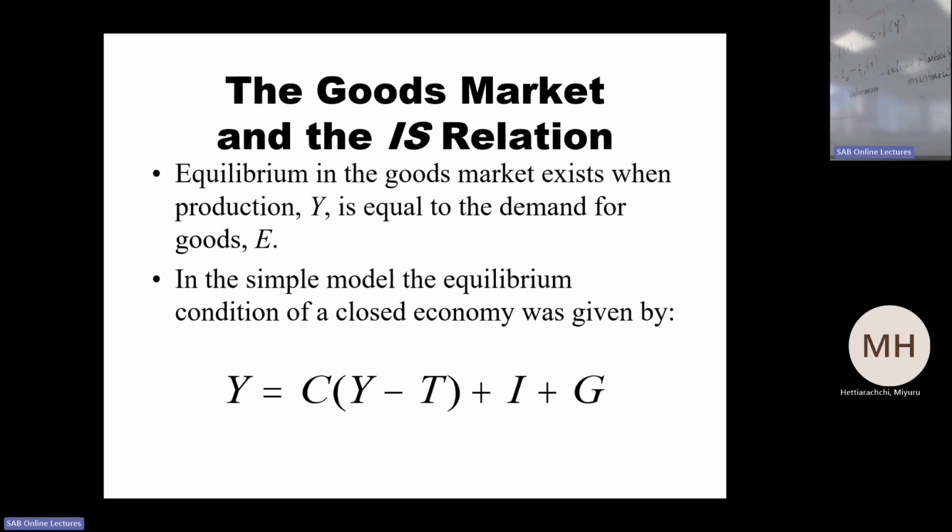Consumption depends on disposable income. Now we take disposable income as Y − T, so we can write Y = C(Y − T) + I + G. So that is the equilibrium. The other way around is injections equal withdrawals: I + G = S + T.